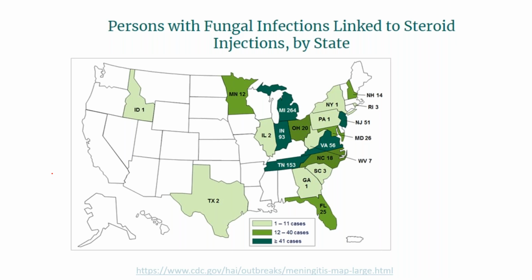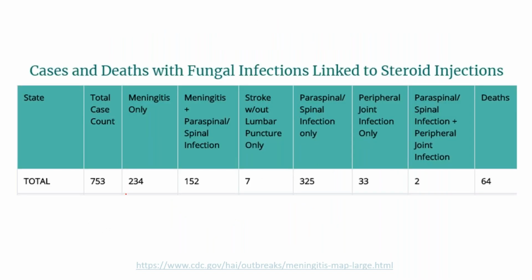This is an area of your facility that you need to make sure that you're paying attention to. So this is the distribution of the states that were affected, right? 25 cases in Florida, 264 cases, 93, 56, 18, 153. Overall, 753 cases total.